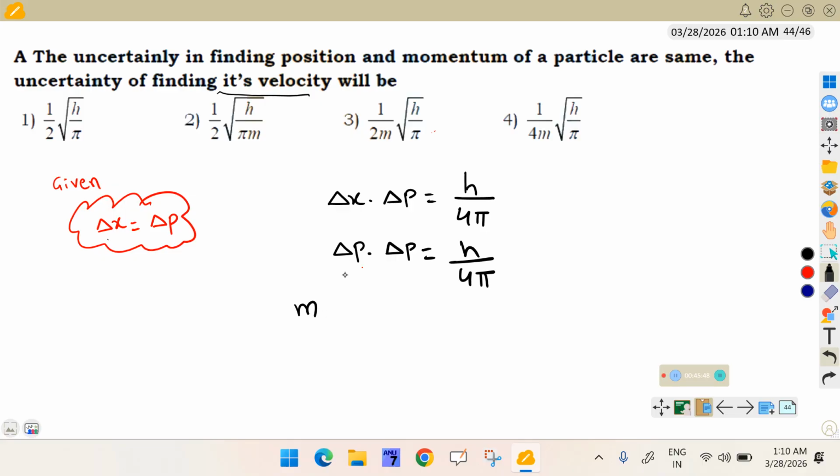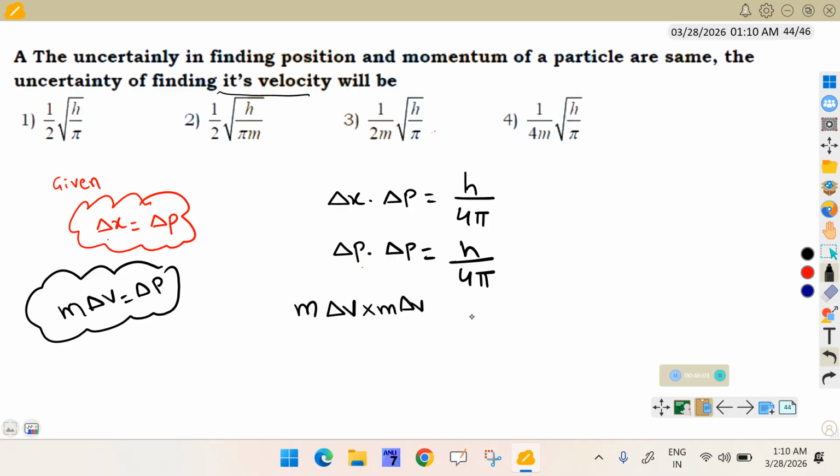Momentum is equals to mass into velocity. So delta p is equals to m delta v. Momentum is equals to mass into velocity, so m delta v whole square is equals to h by 4 pi. So delta v square is equals to h by 4 pi m square.